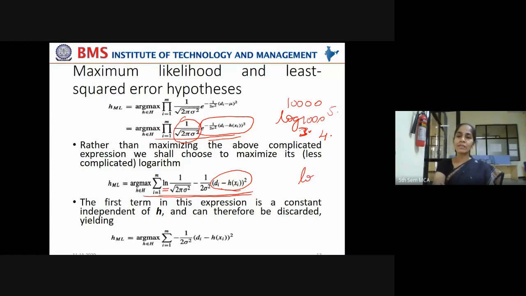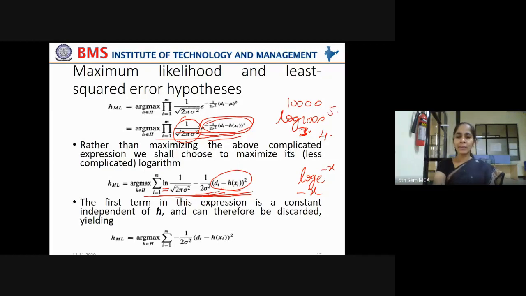When logarithm is applied to e power minus x, it becomes minus x in the linear equation. So this entire term has come to this linear term now. That is, log of 1 by square root of 2 pi sigma square minus 1 by 2 sigma square into di minus h of xi whole square.